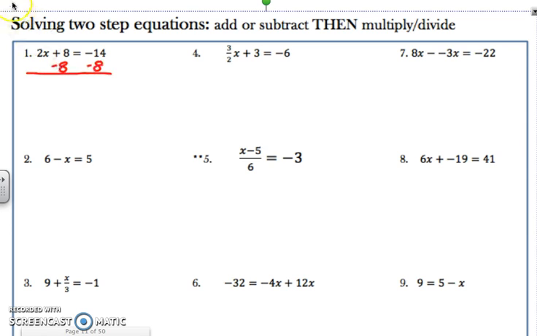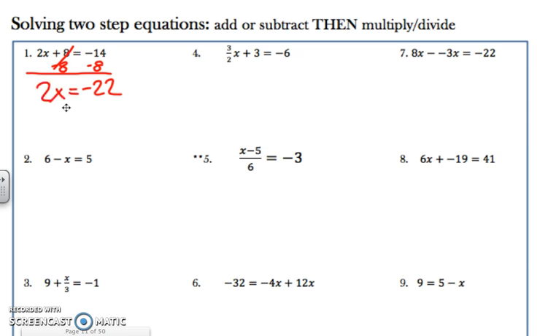From one-step equations, I know that a minus 8 and a plus 8 are going to cancel out, leaving me with nothing. And then negative 14 minus 8, forgive me, my mental math is not too great, would be negative 22. You're going to bring down the 2x, and you've done your first step.